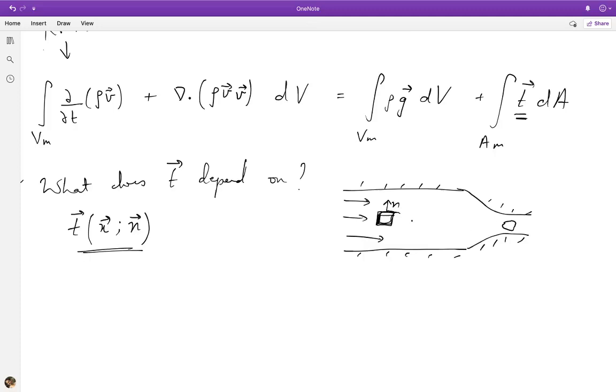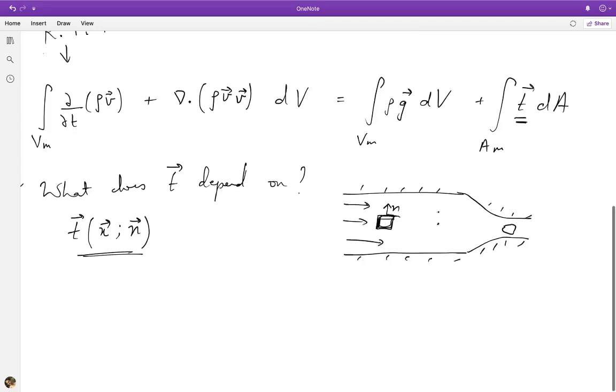So before we do that, it's worthwhile considering that once again, if I have at any given point, let's say this is the point x. Now if I have differently oriented surfaces, this statement says that the stress vector should change just depending on how I rotate my surface.